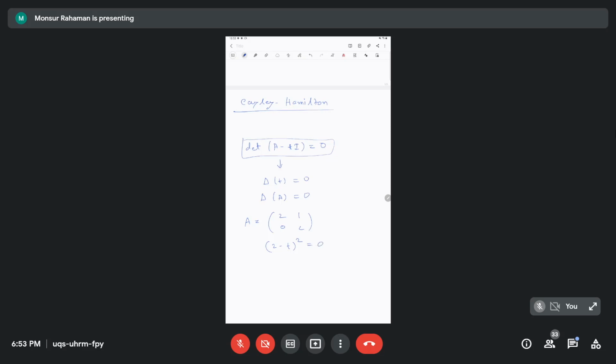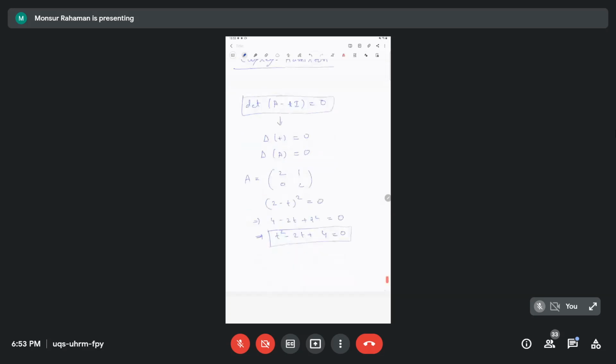So I'm claiming that (2 minus a) square will be... let's break it out first. (2 minus t) square equals 0, that is t square minus 4t plus 4 equals 0.